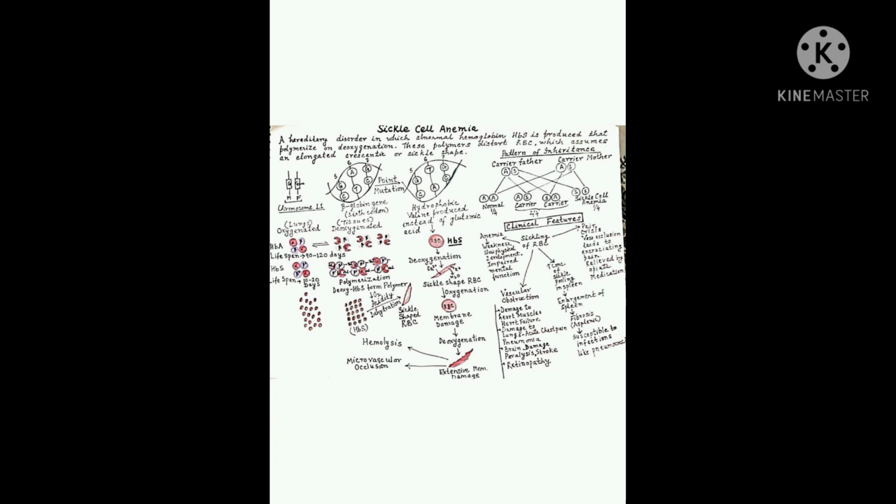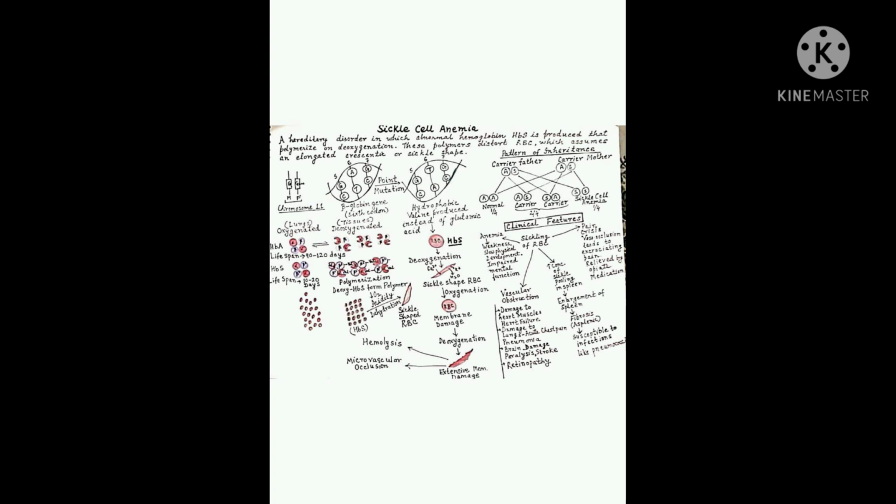Now at the sixth position, at the sixth codon, here there is adenine. Now here a point mutation happened, and instead of adenine, thymine comes at position 6.